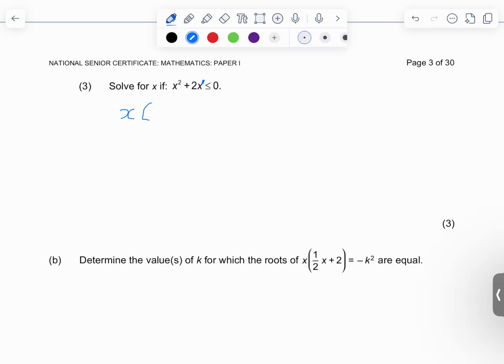And all you have to do, guys, is to ask yourself one simple question. What must I multiply with x for me to get x squared? I will multiply it with x to the exponent of 1.